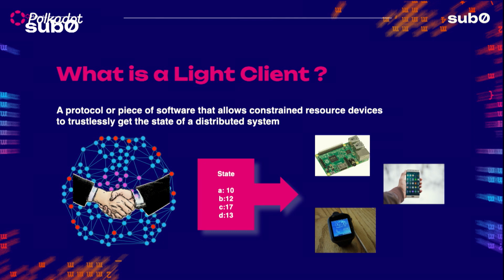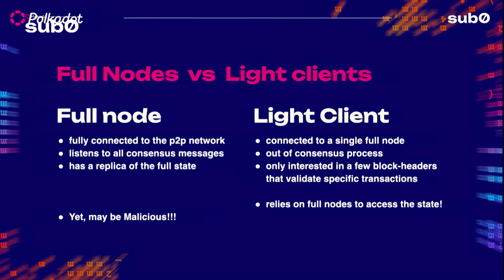Then they can identify which state the participating nodes agree upon, right? Both full nodes and light clients want to follow the consensus and know the actual state of the system.